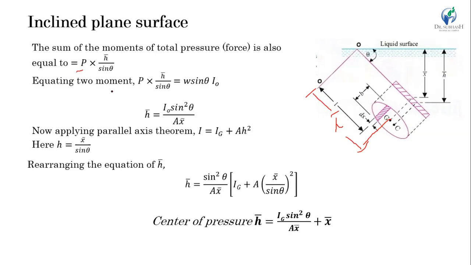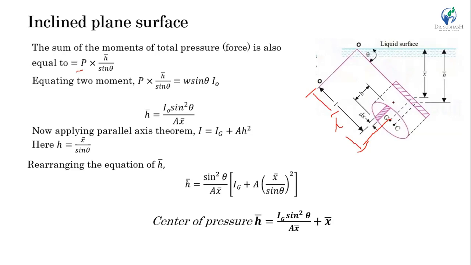Equating the two moments, we get P into H bar sin theta equal to W sin theta into I0. Put the value of P, which is W A X bar, derived in the previous slide, and after removing common terms from both sides, we get H bar equal to I0 sin square theta upon X bar.